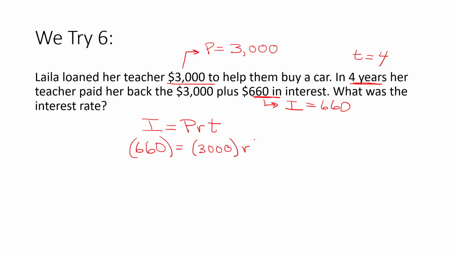I don't know what R is, so I'm going to just write it again, times 4. Okay, so let's simplify a little bit. 3,000 times 4, that's 12,000 times R. I'll divide both sides by 12,000 to get R all by itself.